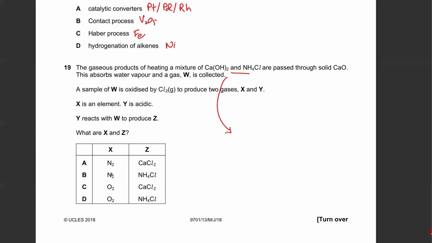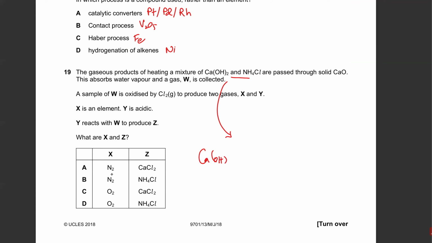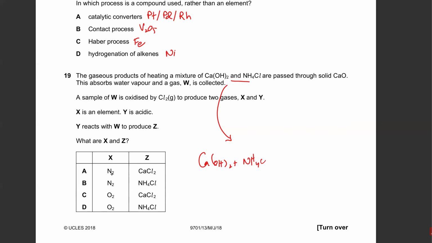Yeah, so basically, when a base reacts with an ammonium salt, it's an acid-base reaction. The OH accepts an H plus one, and the NH4 acts as an acid. It loses an H plus one, and the OH ions accept an H plus one and turn into water, right? And what's left is your salt.